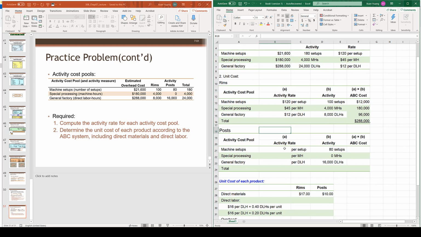Then for posts, we first put the activity rate here, and we can calculate the assigned overhead cost for each activity pool for posts. We do the same thing here for special processing and general factory, and add up the total.